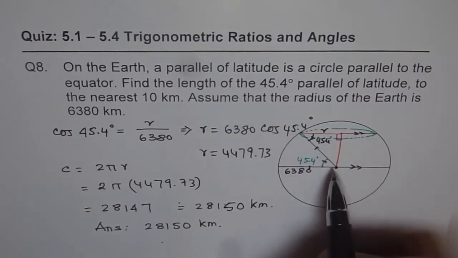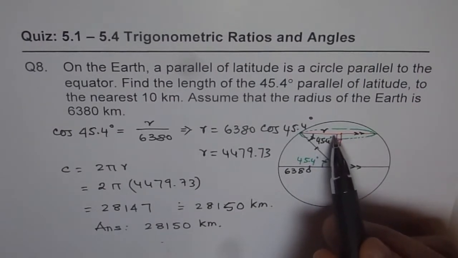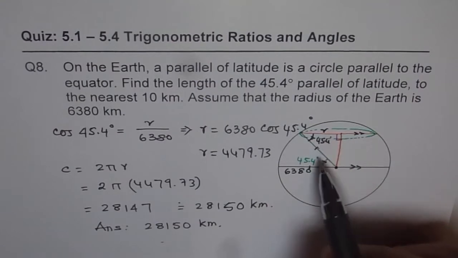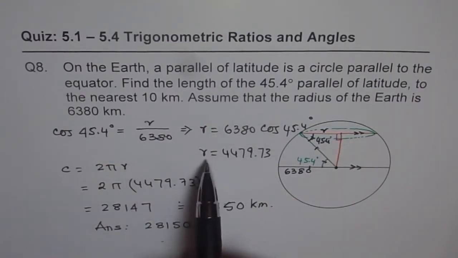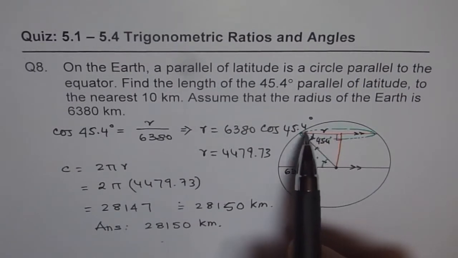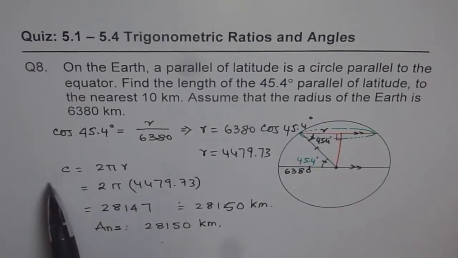So we have a right triangle where we are given an angle and the hypotenuse. We need to find the adjacent side. Cosine is adjacent over hypotenuse, so we have this ratio. Using this ratio we can find the radius of the circle. Once we know the radius, we can find the perimeter of the circle, which is the circumference, 2 pi r. Plugging in the value, we get the answer. So that is how this question is to be done. Thank you.